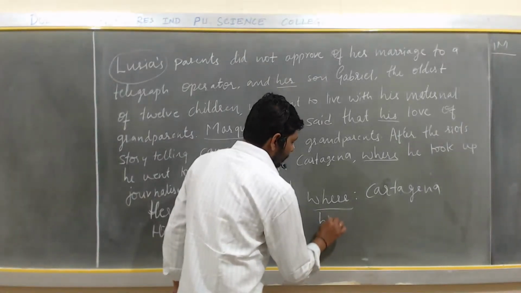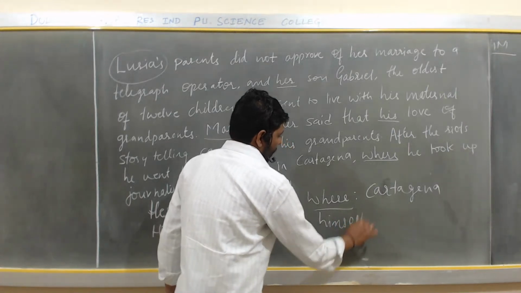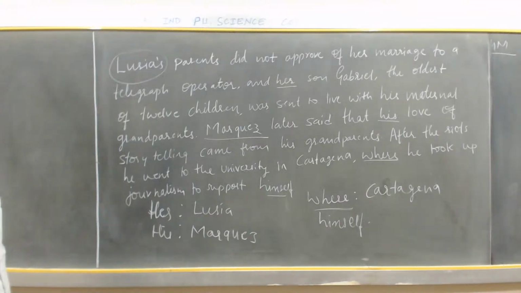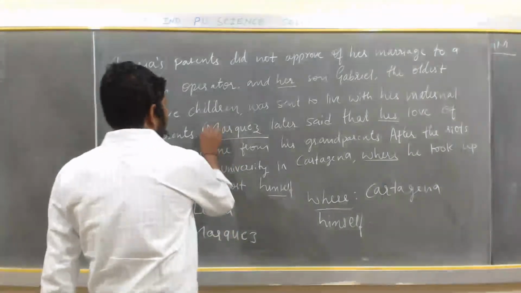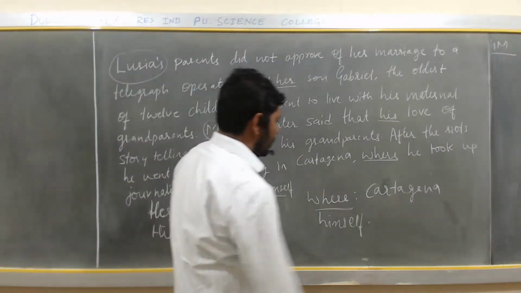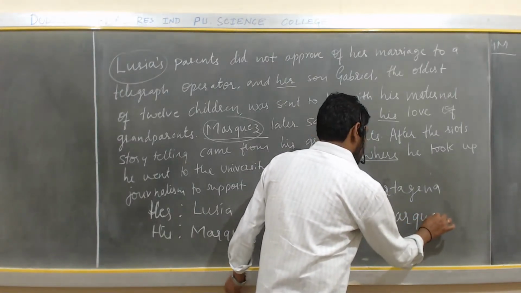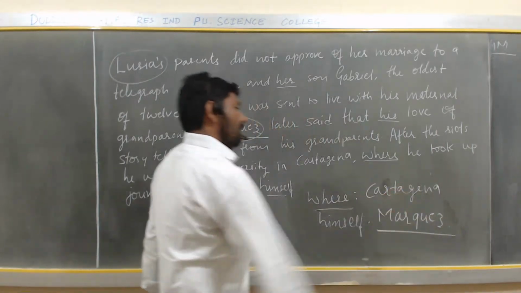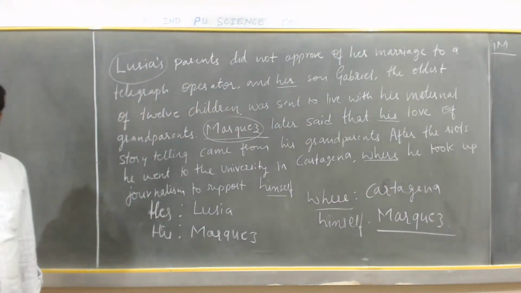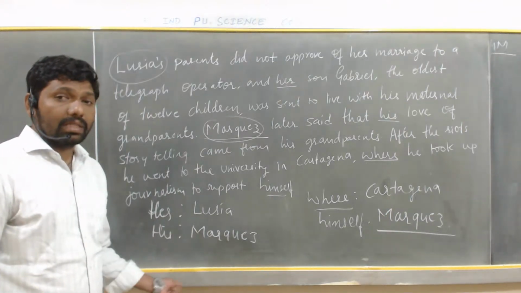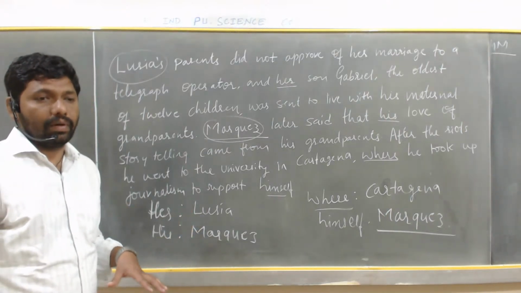Here, himself refers to whom? Here, himself refers again to Marcus. Got the idea? So this is how you are supposed to identify the pronouns in a given paragraph, right?